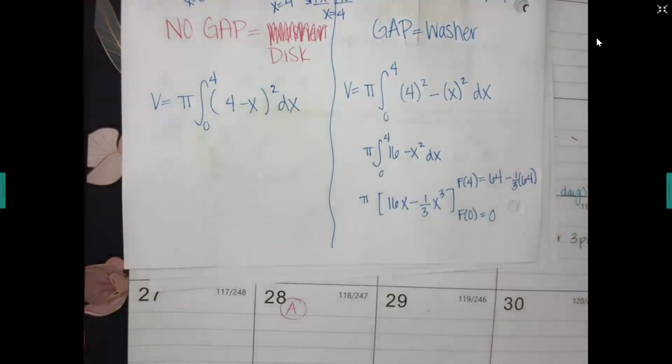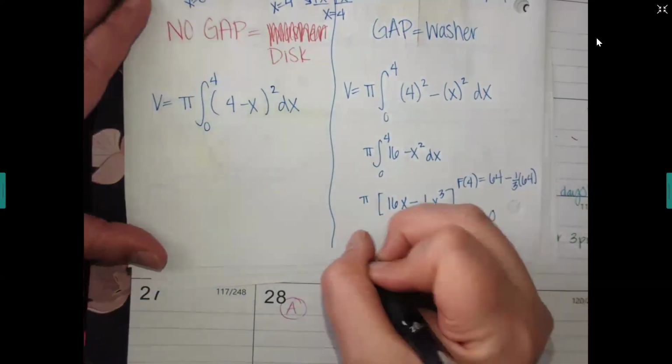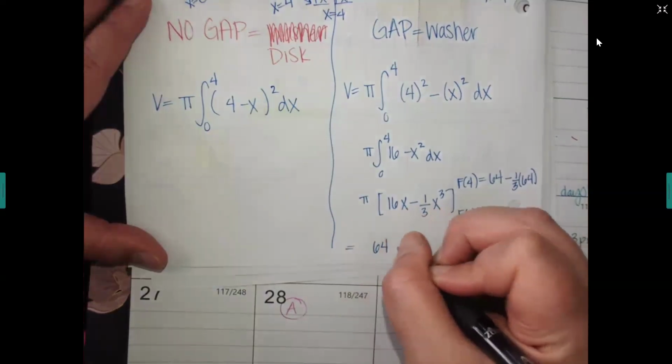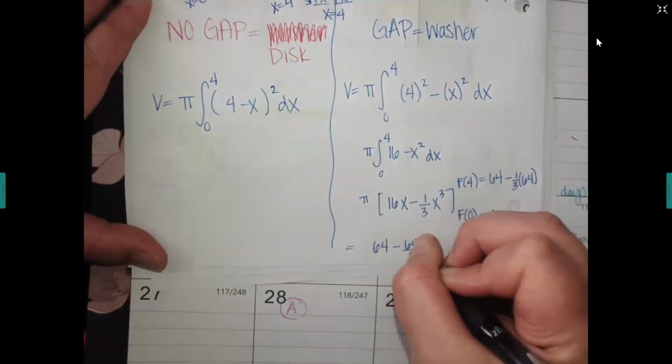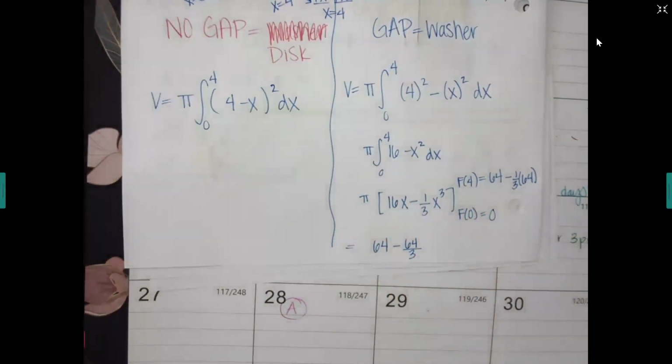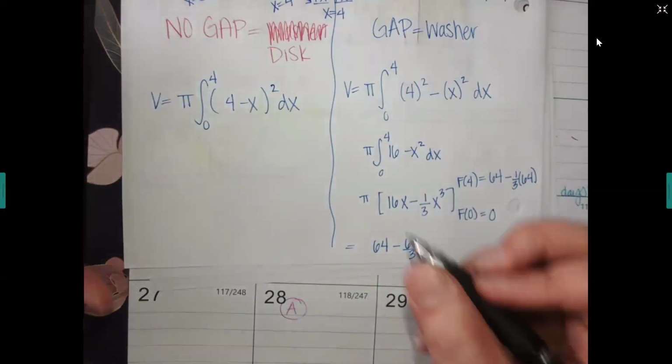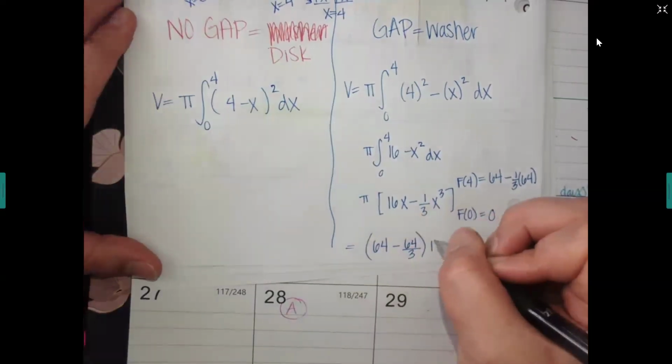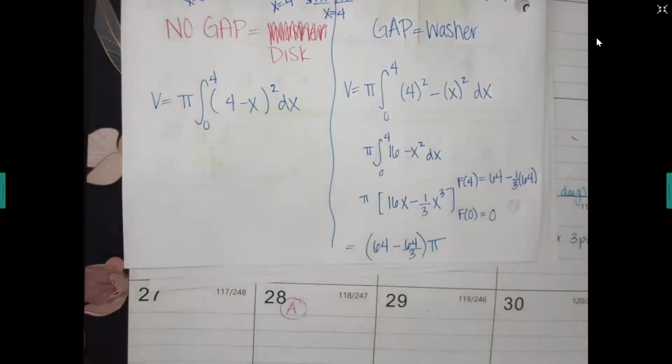So then remember, it's this minus 0, which means that your final answer would be 64 minus 64 thirds. Okay, almost. Why would this be wrong? Don't forget the pi, just put it back in your final answer. So if you have to do the integral by hand, just ignore the pi, leave it in the front, and then when you're done, just put it back. Okay?